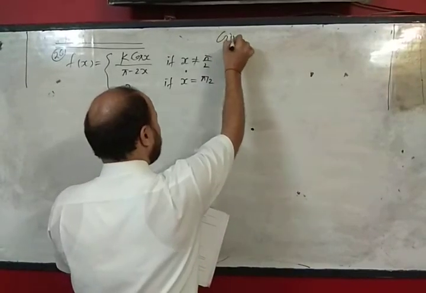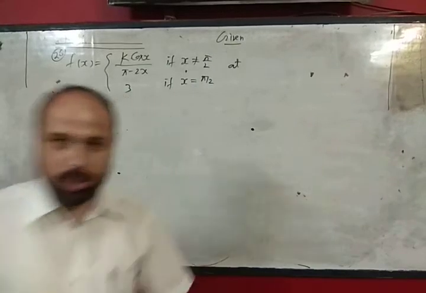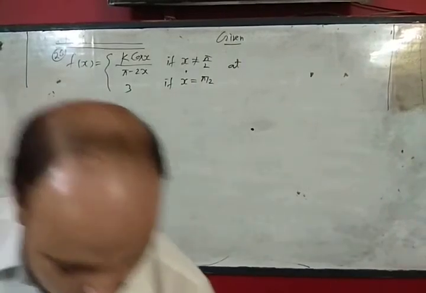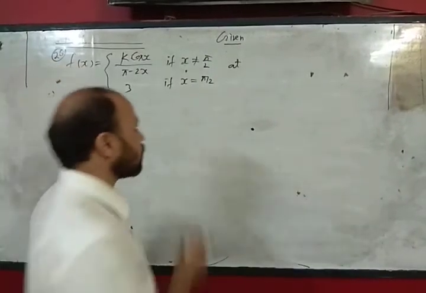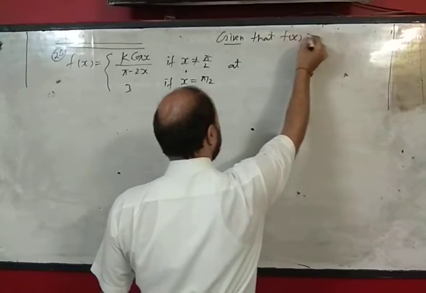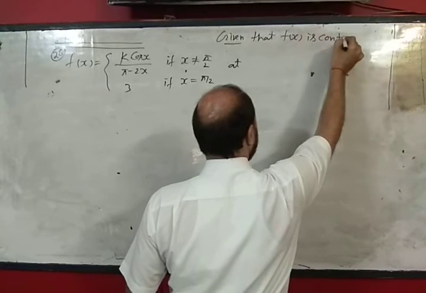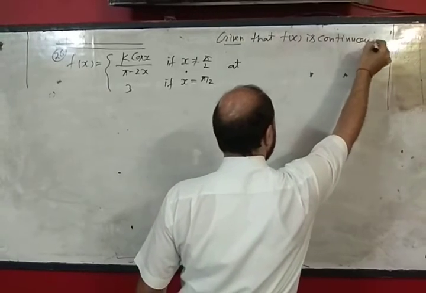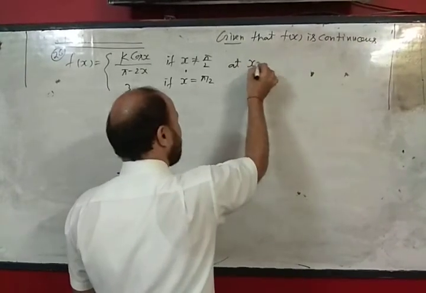Given that the function is continuous at x equal to pi by 2, we have to find the value of k.